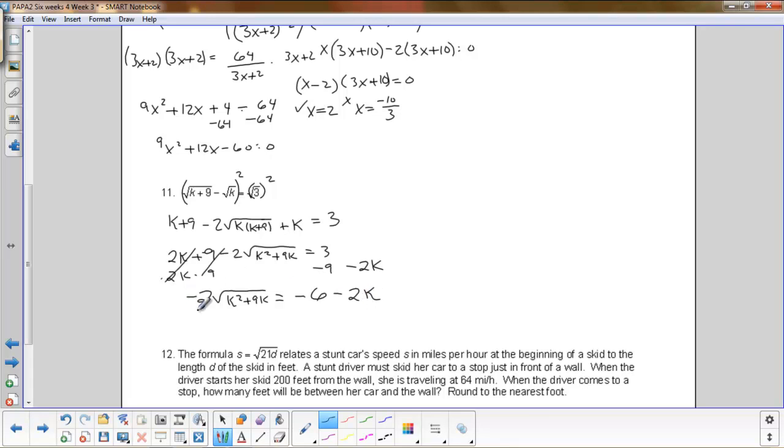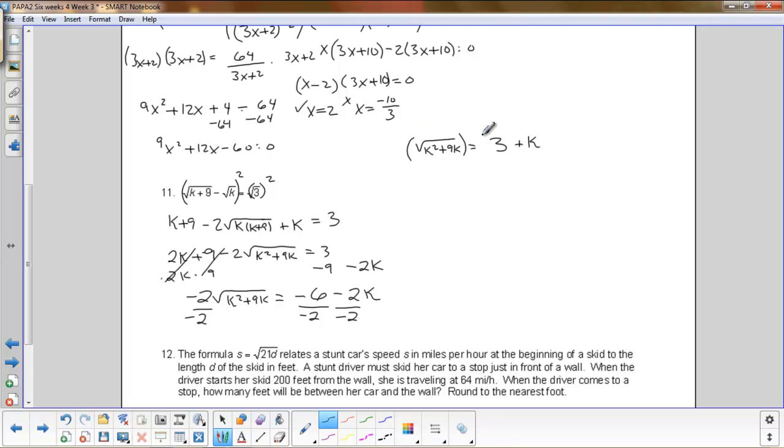Notice how this one's different from the previous example. If I divide out the negative 2 to the other side of the equation, all of these become whole numbers and I switch all those negatives to positives. So rather than squaring both sides right now, I'm going to divide out my 2. So now I get the square root of k squared plus 9k equals 3 plus k.